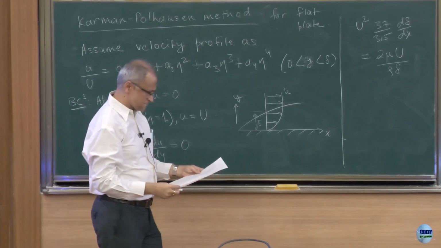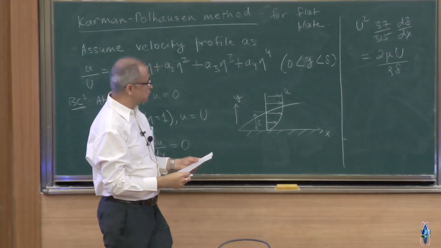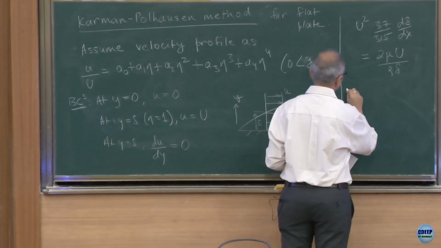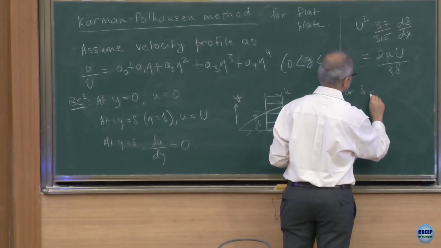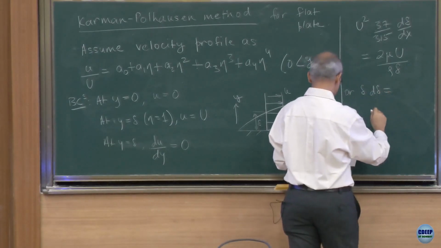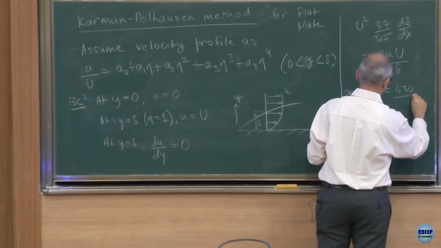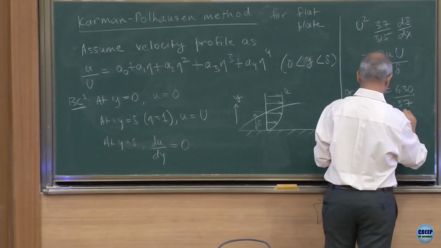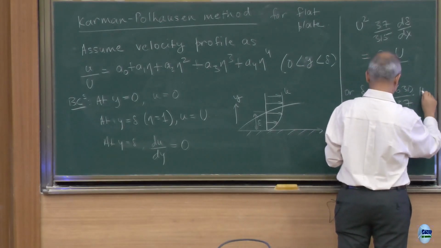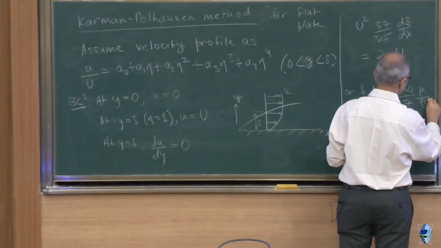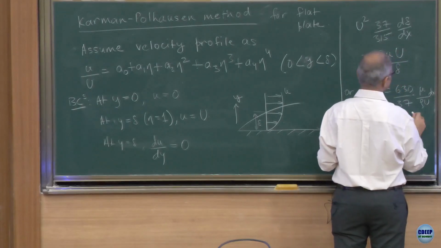Now you can see that I still need to integrate once: delta d delta is equal to 630 upon 37 times mu upon rho u times dx.